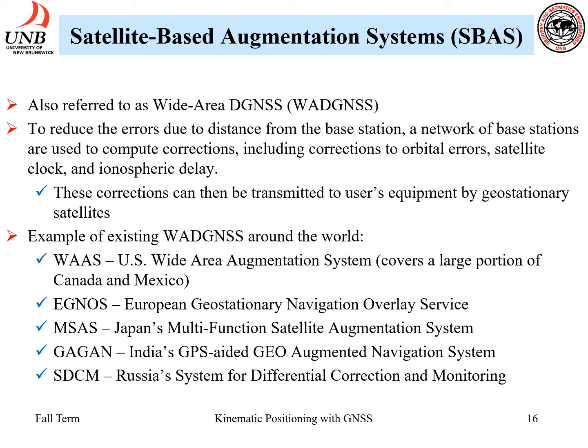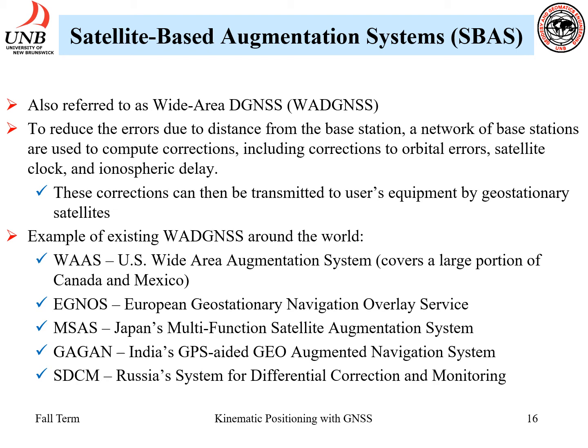Satellite-based augmentation systems, or SBAS, is an idea that flourished to try to account for the limitation of DGNSS, namely the correlation of errors with distance. SBAS is also referred to as wide area DGNSS.